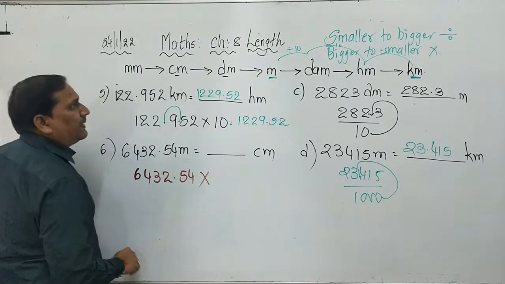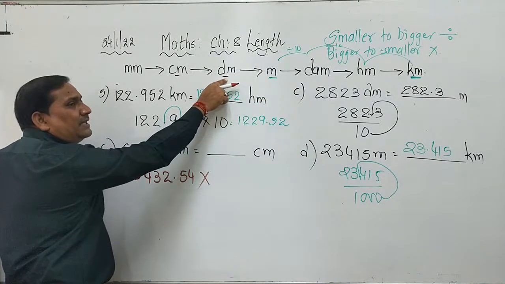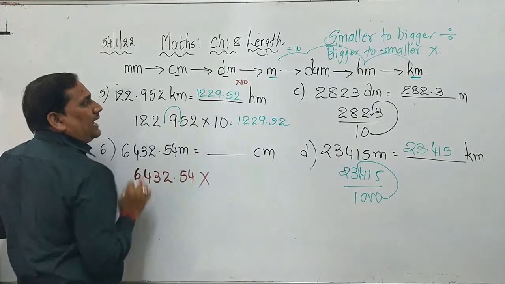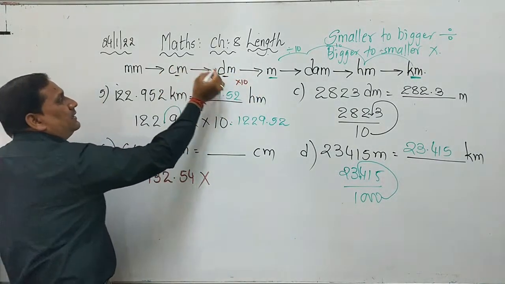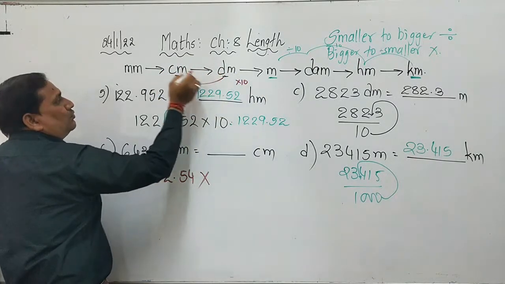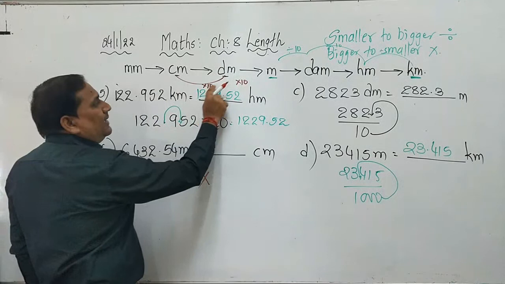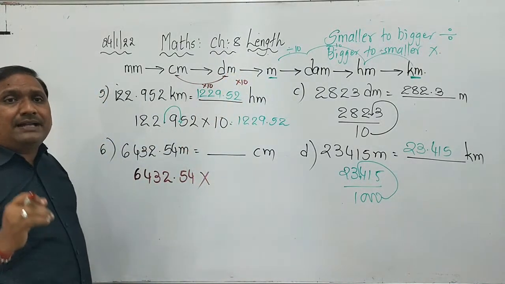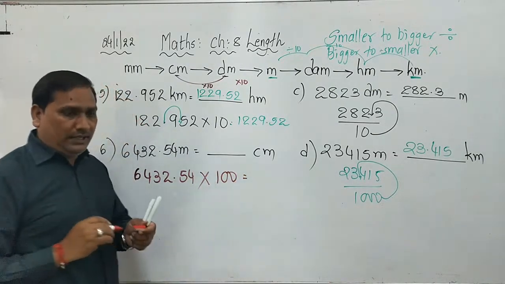6432.54, multiply. If I had to convert from meter to decimeter, I would multiply by 10, but I have to convert it into centimeter. So from decimeter to centimeter again 10. So in total, 10 multiplied by 10 is 100. So I have to multiply by 100.